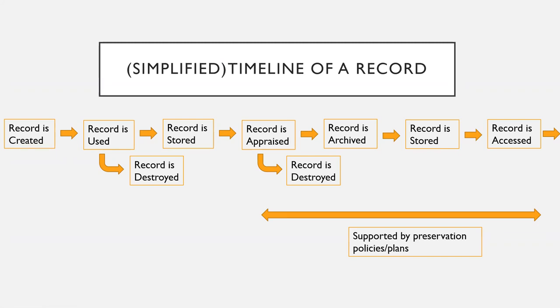So you have the stage where a record is created, the record is used, and then the record is either destroyed or it is stored because it has some kind of ongoing use to the organization or person that created it, or perhaps there are some kind of laws that dictate that the record needs to be stored for a particular amount of time.